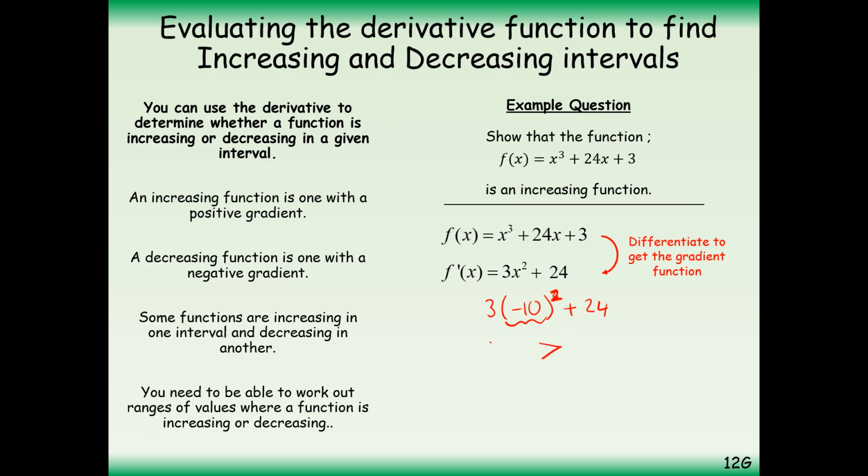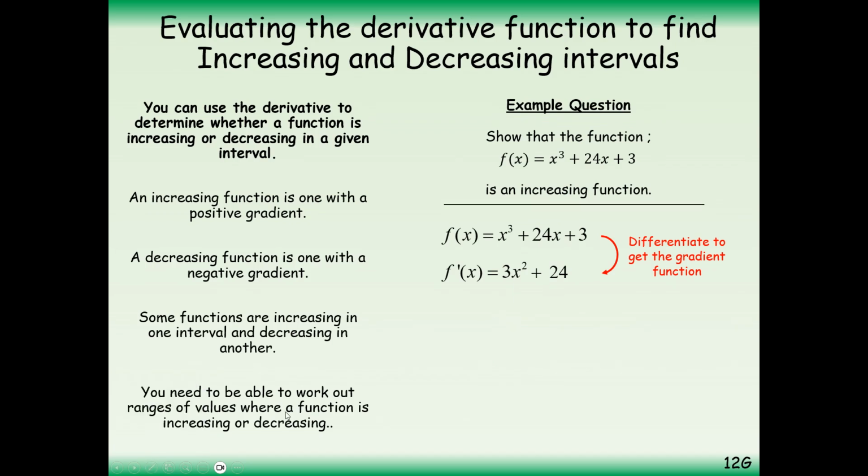So that 3 is always multiplied by a positive value, so that's always above 0. And we are adding something that makes it even more positive.